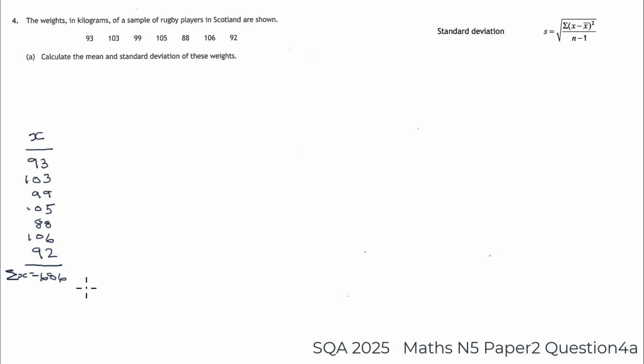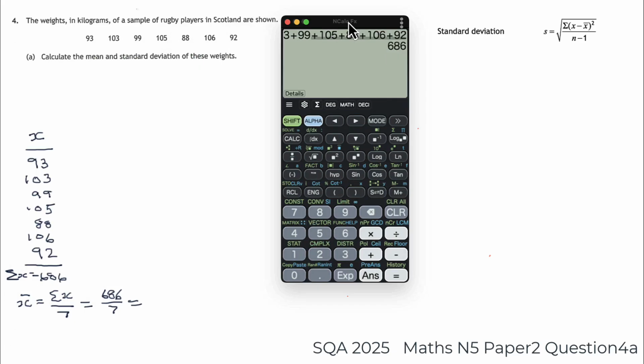So, how do we get the mean? Well, the mean will be calculated by that total, the sum of these 7 numbers, divided by 7. So we've got 686 divided by 7. So let's see what that gives us.